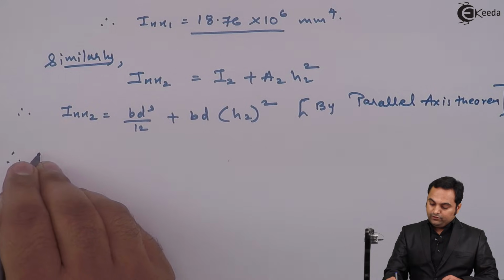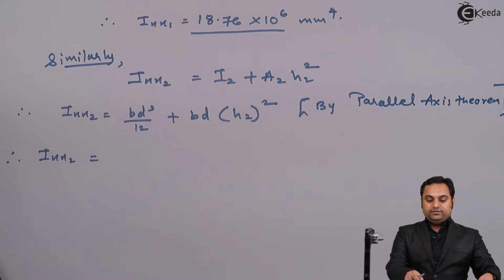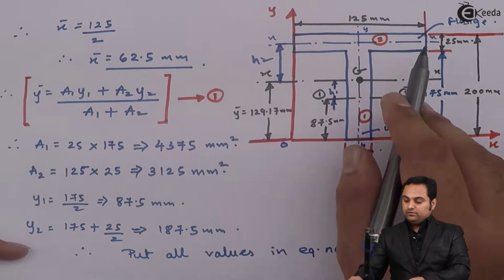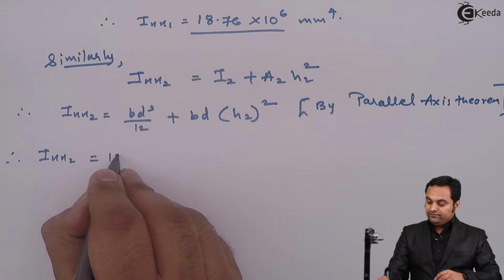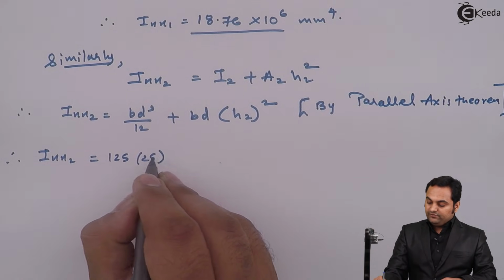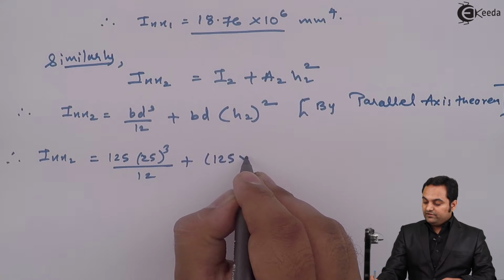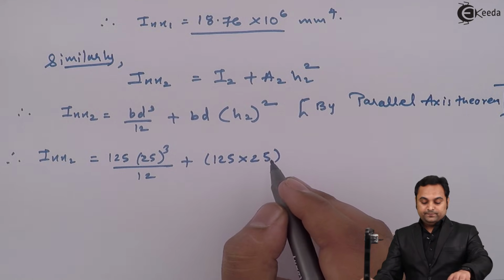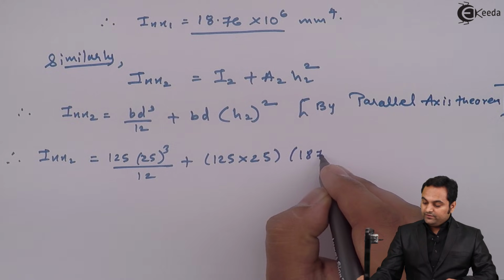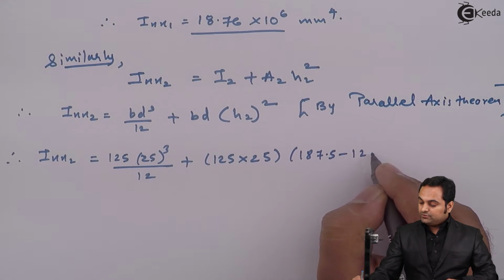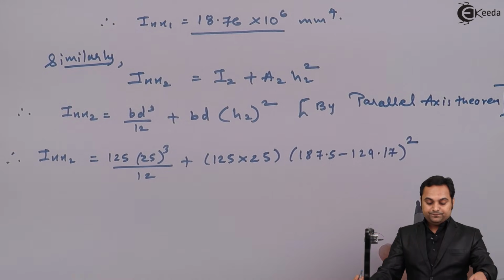Now Ixx2 will be equal to, for this flange, B is 125, D is 25, so 125 into 25 cube divided by 12 plus 125 into 25 into h2 square. H2 is nothing but 187.5 minus 129.17, whole square.